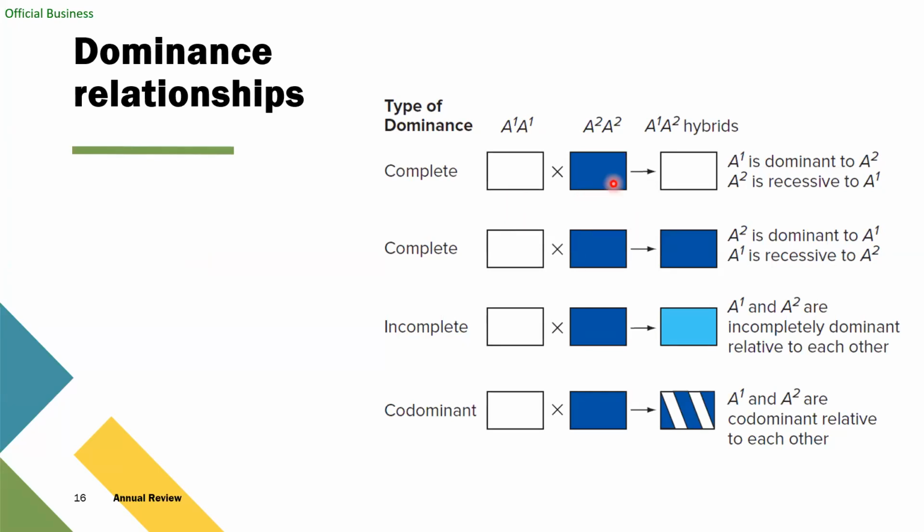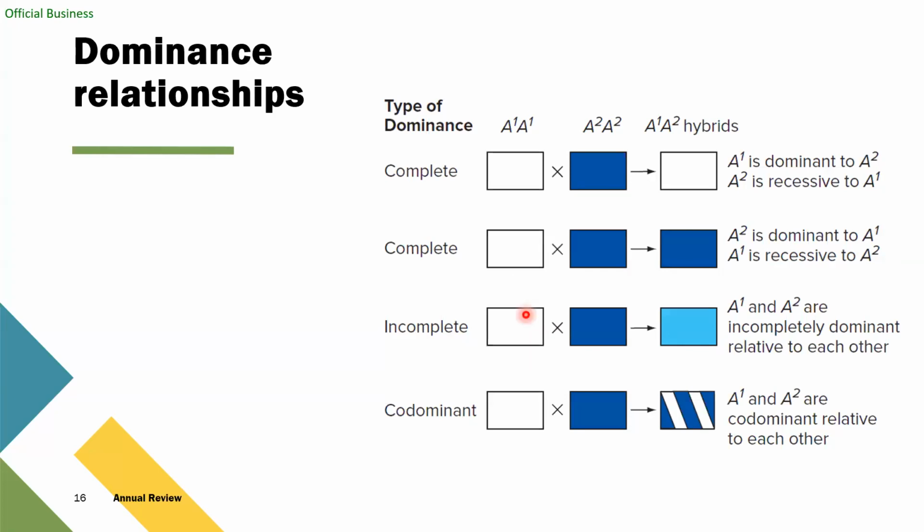Complete dominance will show that if you cross a genotypic homozygous white with a homozygous blue, whatever is the dominant trait will appear on all of the offspring. If the dominant one is white, you will get white offspring. If the dominant one is blue, you get all offspring colored blue.